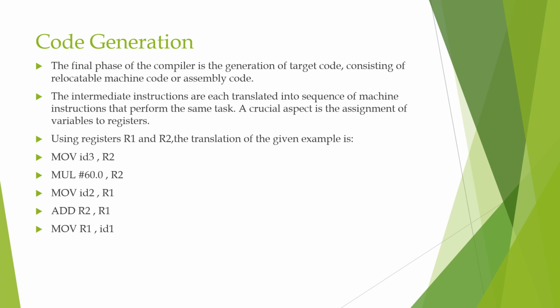We will get an output that is stored in one register. Then we have to add id2 with that register. We are adding it and we will get an output that is stored in one register. Then from that register everything is moved to id1. That is the explanation of this statement. Hope you understand, right? Okay.